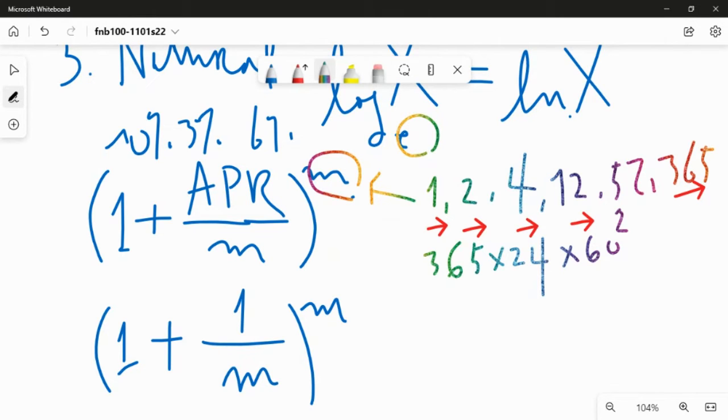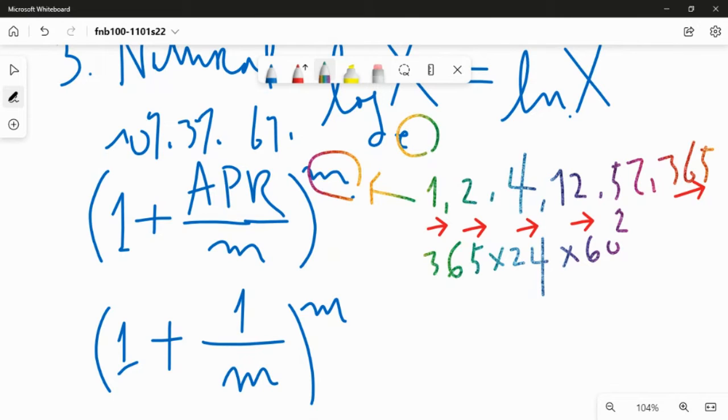Then the question is, what is the ultimate compounding frequency? Think about it. First of all, as you increase this m, as you increase the compounding frequency, it's almost like breaking up time or splitting time into a very, very small fragment. Isn't that right?